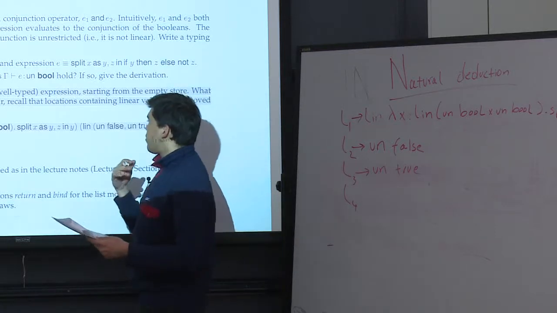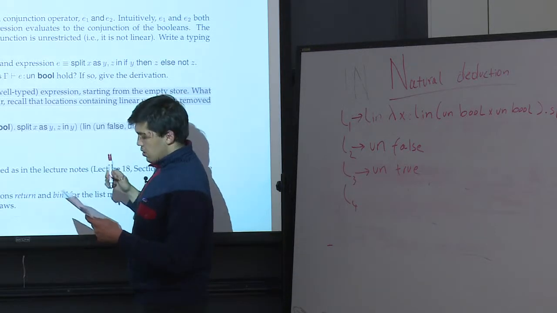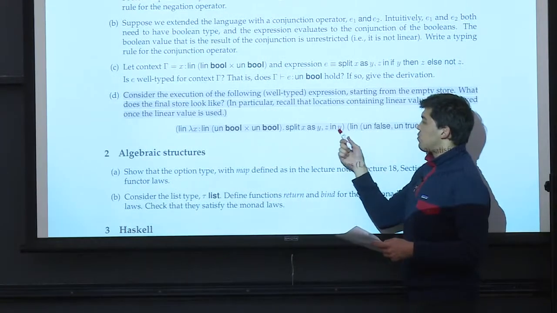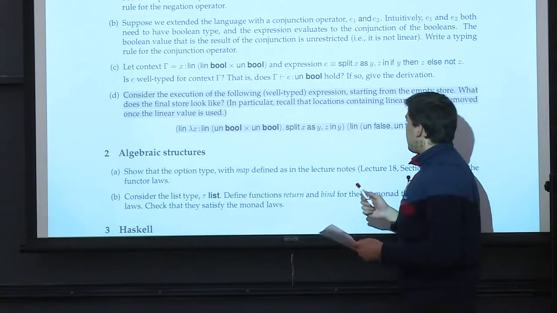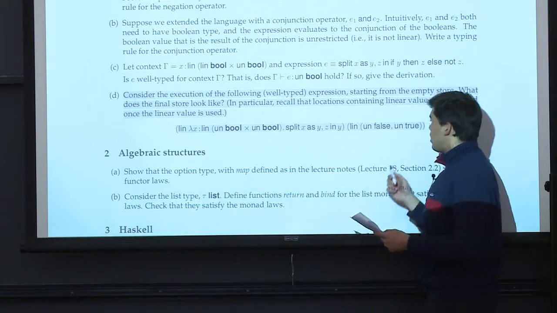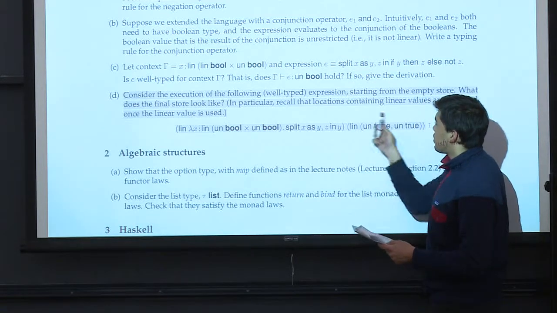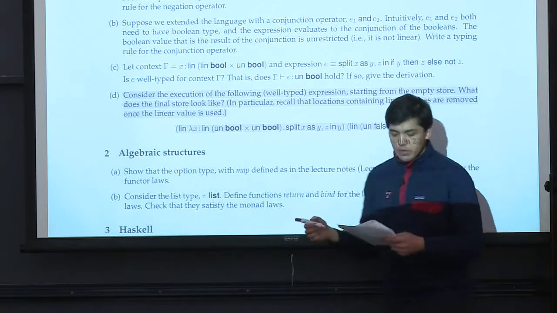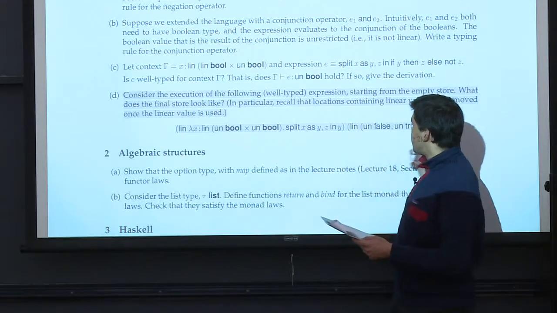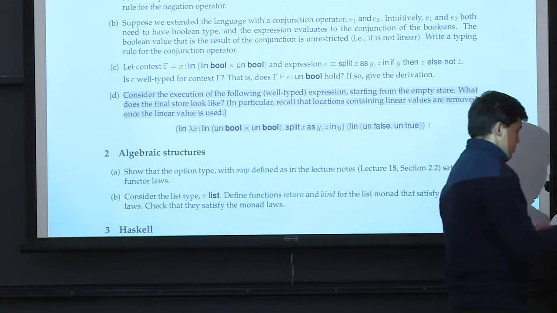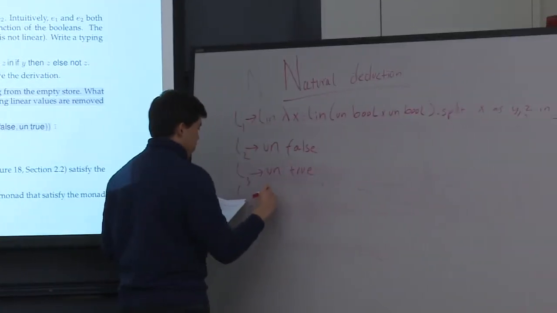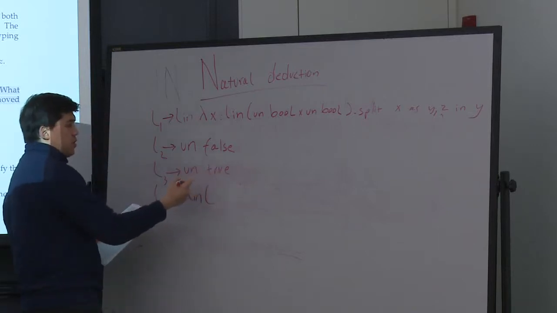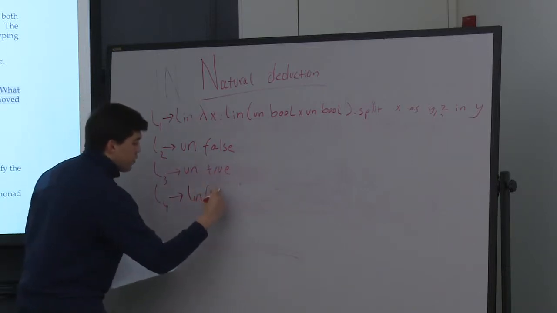And after we go through our split statement, we'll be left with y at the end. And y here will be this expression right here. So linear, unfalse, untrue. So now we will then store this entire expression as well. It will be linear, unfalse, untrue, or L2, L3.